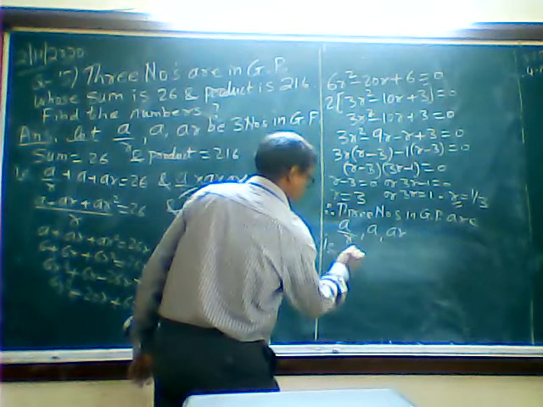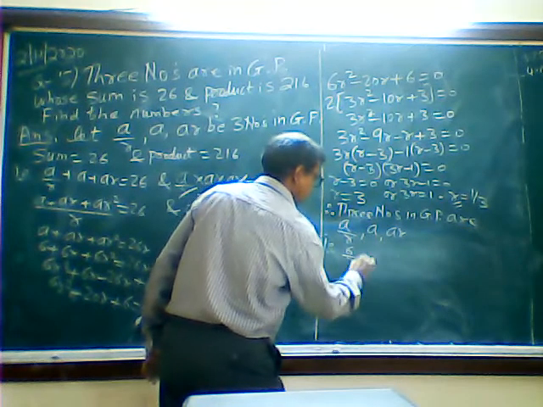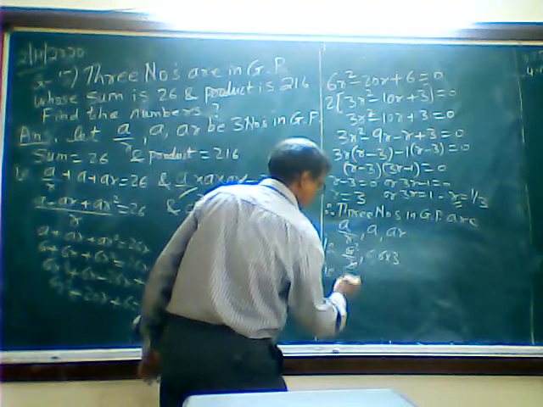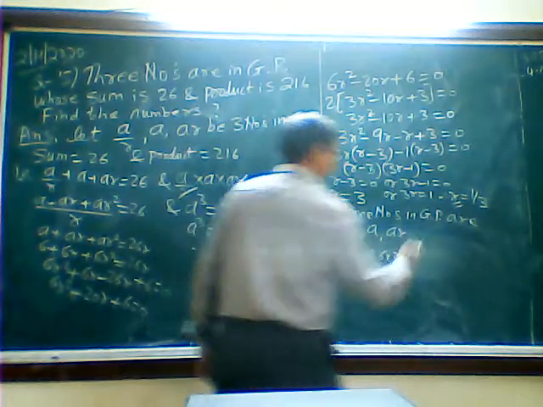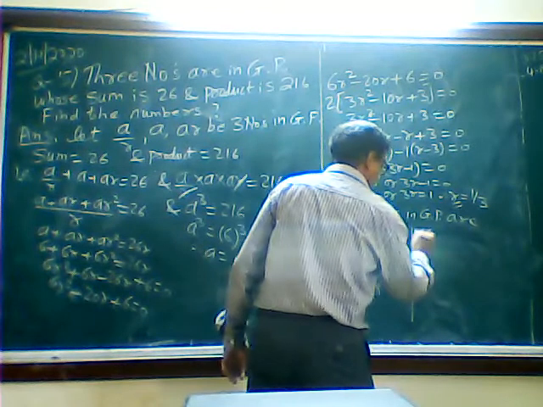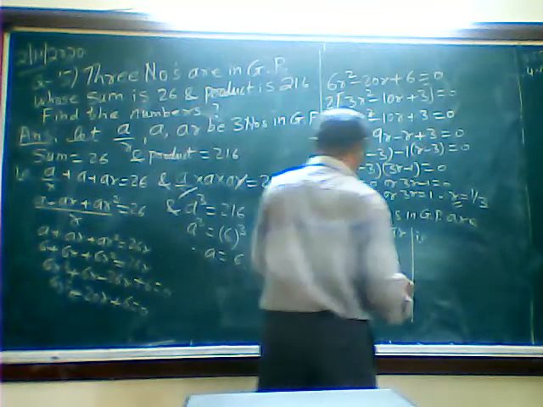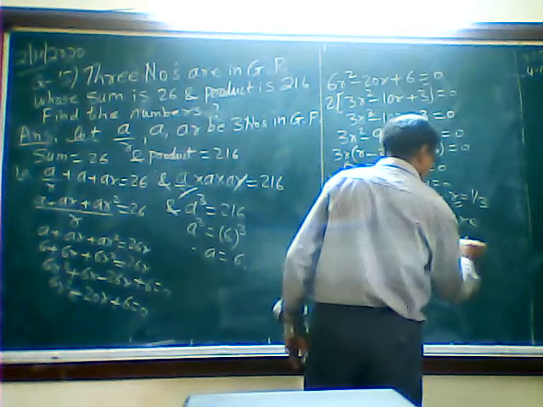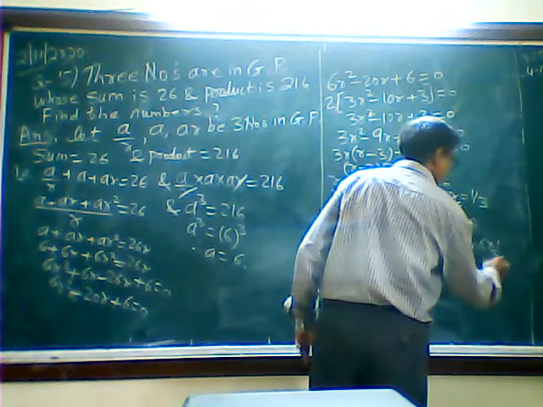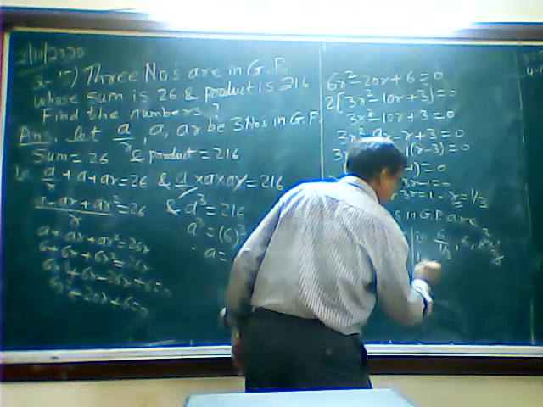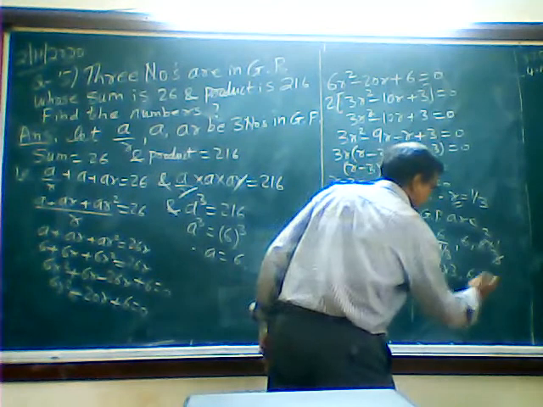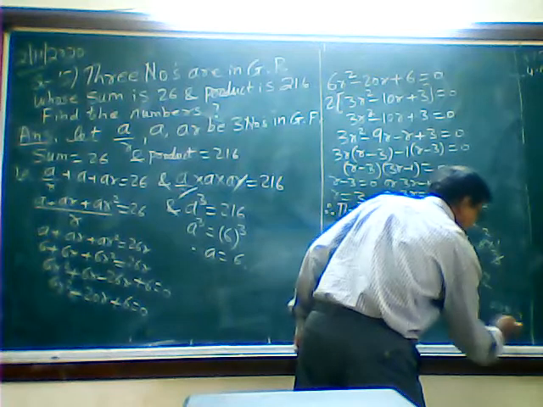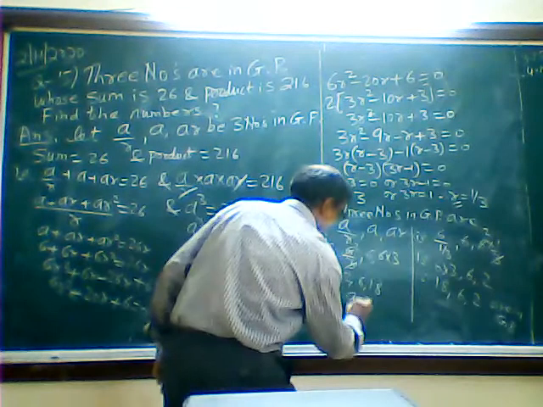So 6 upon 3, 6, 6 into 3: 2, comma 6, comma 18. Again when R is 1 by 3, 6 upon 1 by 3, comma 6, comma 6 into 1 by 3, that is 18, comma 6, comma 2. Therefore 18, 6, 2 are in GP.